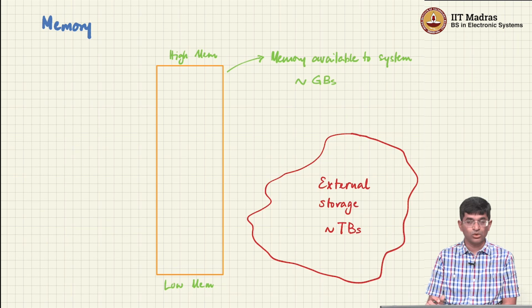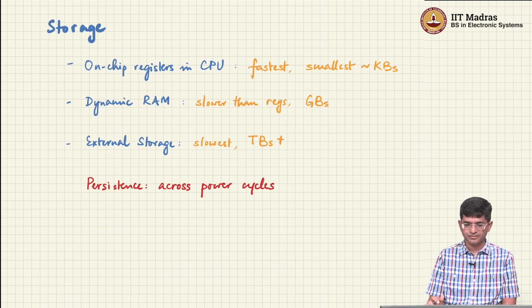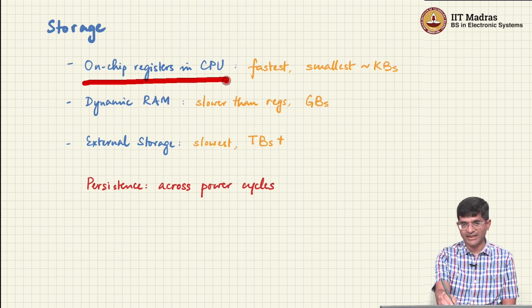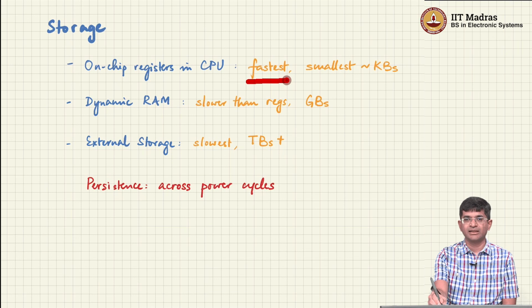Okay. So what does that mean? One of the things that we need to understand about the storage is that storage can be thought of as a hierarchical system. You have the on-chip registers that are present inside the CPU. These are fast, meaning that they operate pretty much at the speed of the processor.